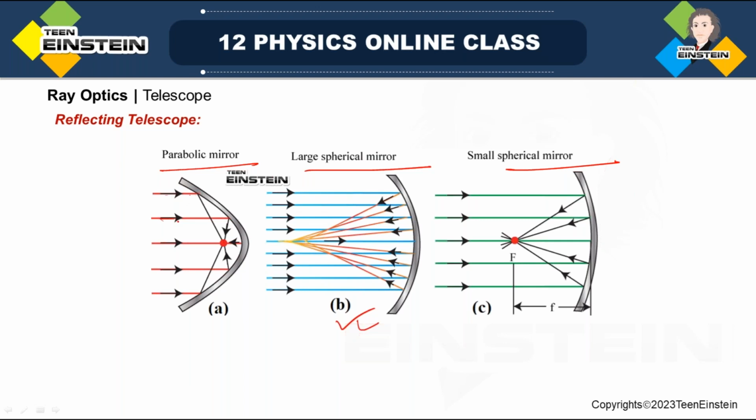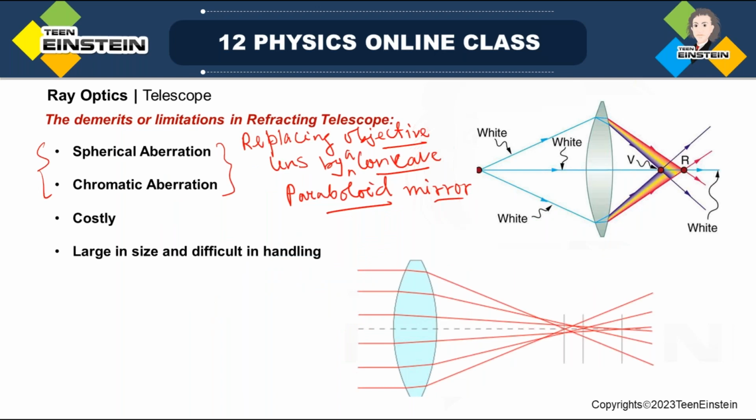We are actually using a parabolic mirror, this is the main mirror, paraboloid, that's why it is called a concave paraboloid mirror. So in the reflecting type of telescope, we are replacing the objective lens by a concave paraboloid mirror. With this, as I have explained, the spherical aberration is removed, but how is the chromatic aberration going to be removed?